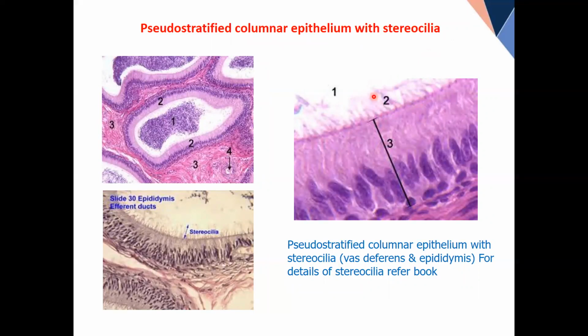Now, how to identify cilia as cilia, how to differentiate stereocilia as stereocilia, or how to identify microvilli as microvilli. This is a practical aspect. It needs practice, either in the lab or again and again. On Moodle, there is a presentation.